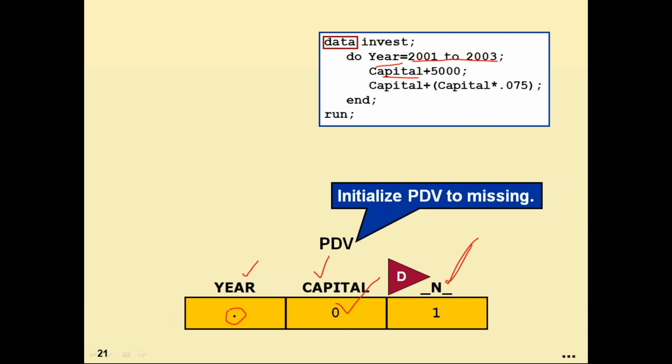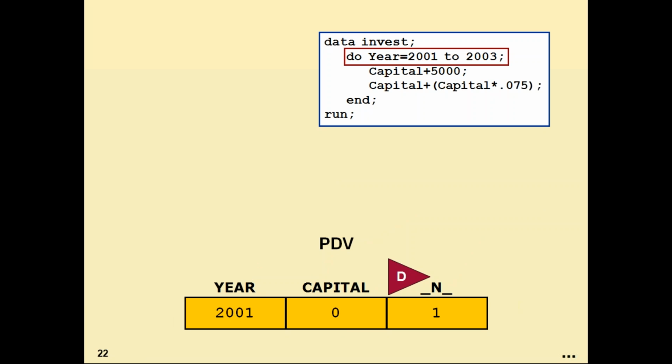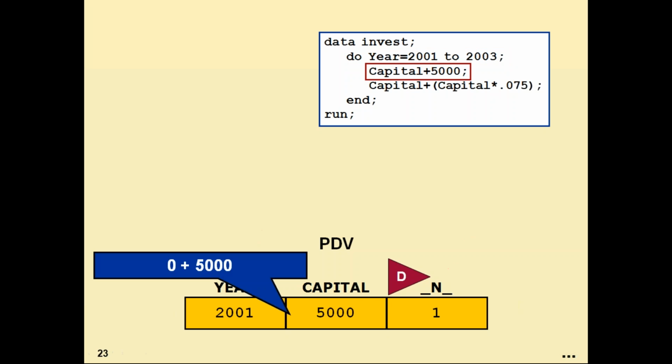The initial value will be initialized with missing, and when it starts executing the do statement, the value you have in here is 2001, so it will replace it with 2001. So the year value is 2000. Capital equals 0. It's the first iteration, so the _n_ value will be 1.